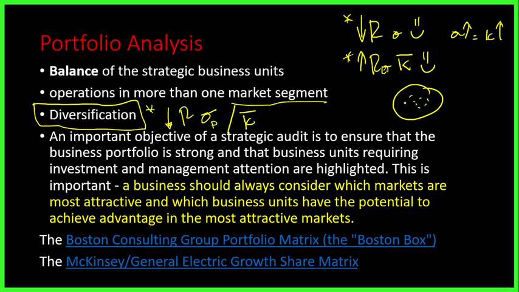Before you add this new asset, tingnan mo muna, will the asset result to a lower risk or will it result to a higher return? Sir, paano kung sabay? Okay lang as long as overall, the risk for every level of return is minimized. So again, that's another subject.